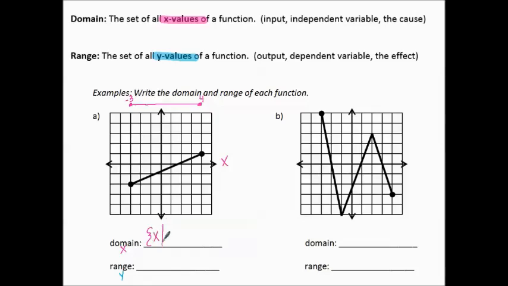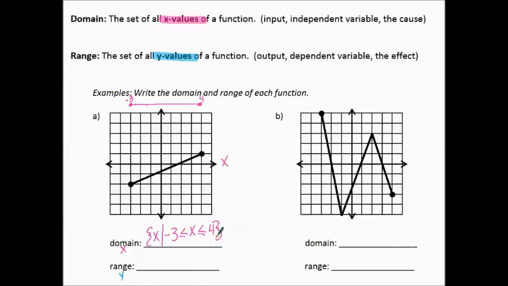X, we write a bar. As x, we're looking at our domain. Okay. We go from left to right. So we write -3 is less than or equal to x, which is less than or equal to 4. And then we close it with my curly bracket again.